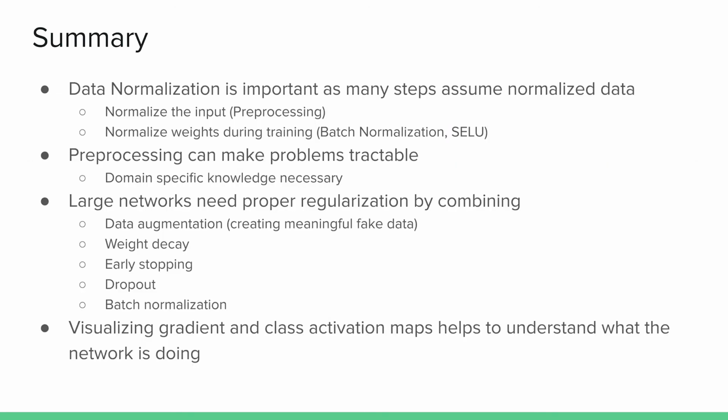Summing up today's lecture, I hope you got some ideas for how you can fine-tune and improve your networks by using data normalization, as it is a very important preprocessing step, because many parts of our neural network, like initialization algorithms, rely on the assumption of having normalized input and having normalized weights during training. Batch normalization, SiLU, can be mechanisms to enforce this.